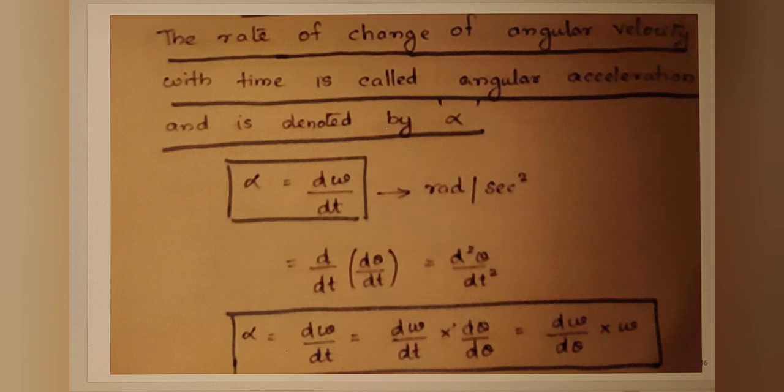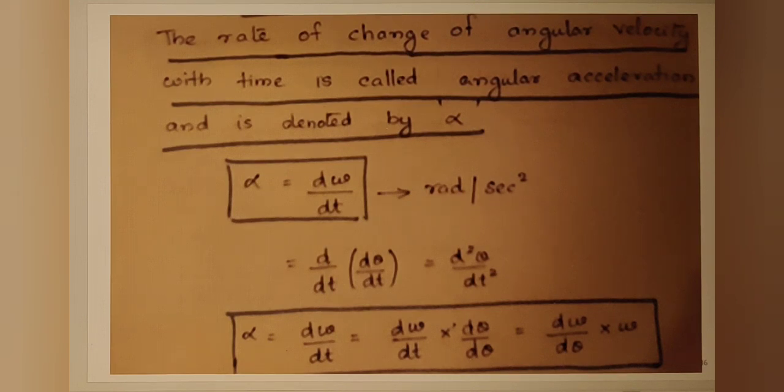Now we can rearrange this equation. Instead of omega we can write d theta by dt. So the above equation changes to d by dt into d theta by dt, that is equal to d square theta by dt square. Next, one more equation for alpha.